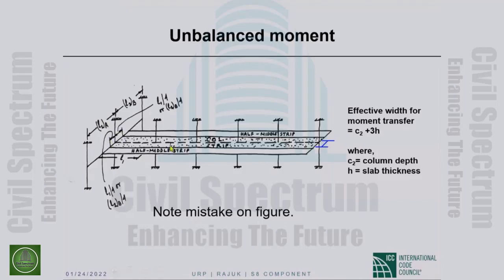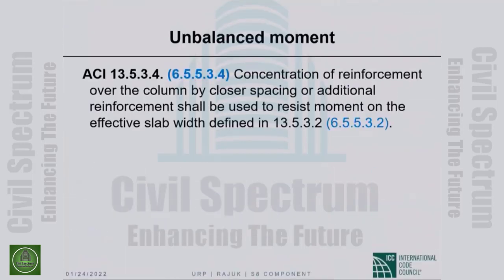Okay, so the reinforcement required to resist the part of the unbalanced moment that is transferred by flexure must be placed within the moment transfer band, the width of which is C sub 2, the transverse column dimension, plus 1.5 times slab thickness on either side. Okay. This width of the moment transfer band is being called the effective slab width.